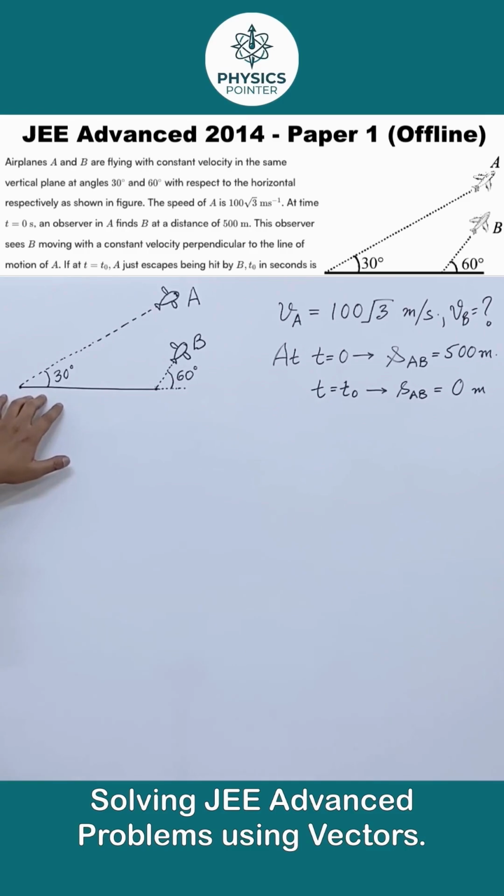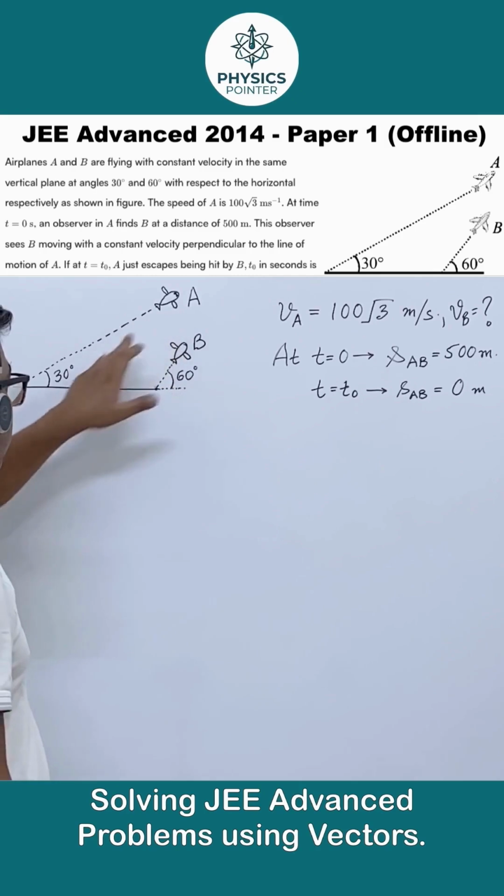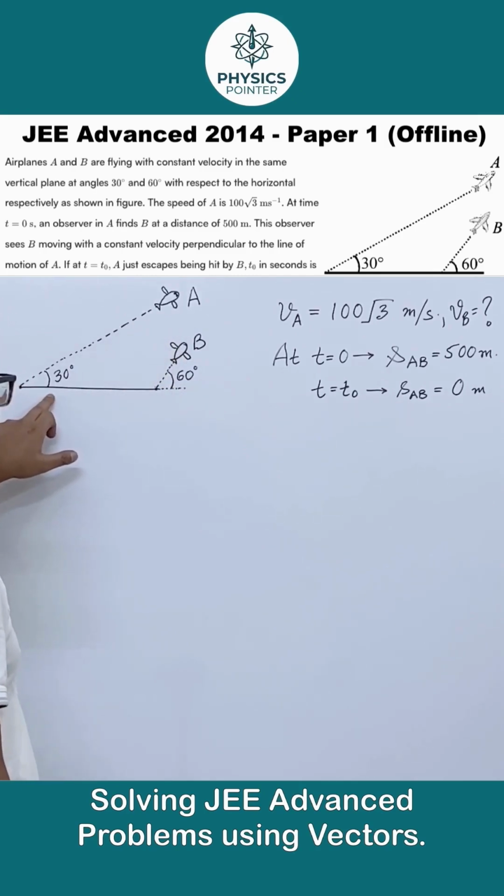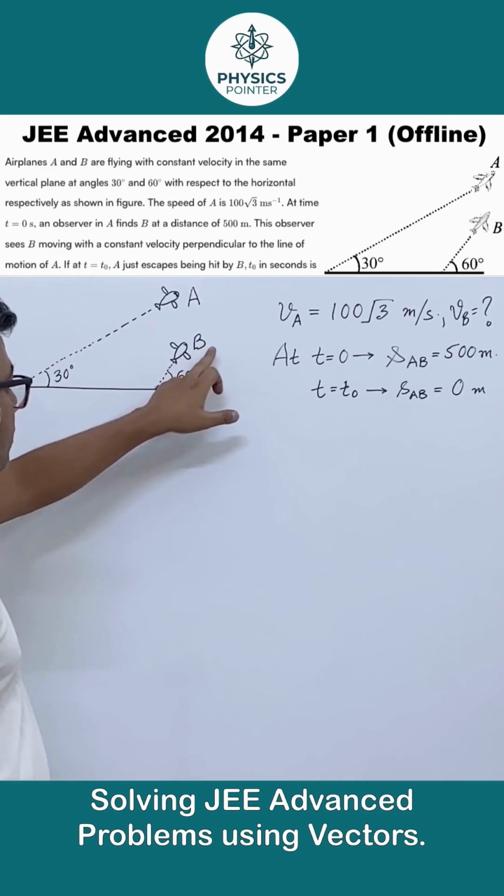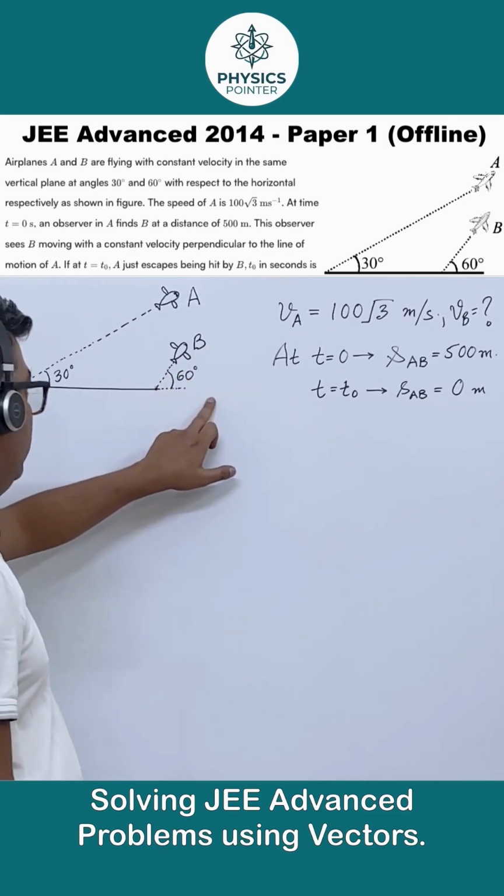So there are two aeroplanes which are flying in the same plane, and aeroplane A is flying in a direction which is 30° with the horizontal, and B is flying at 60° with the horizontal.